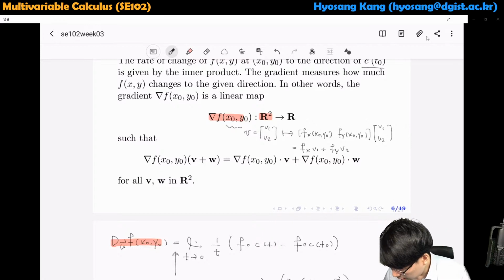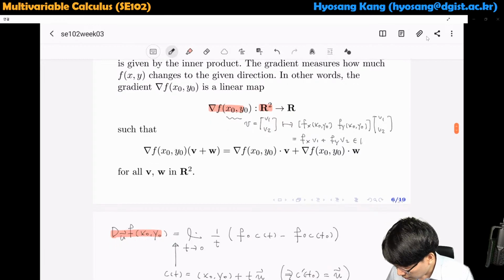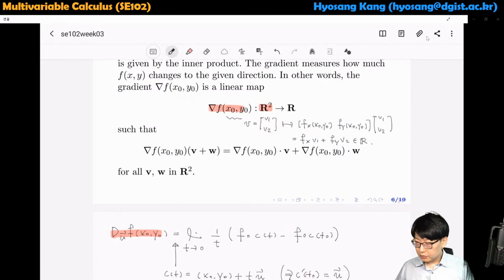Sorry, it's not a vector, so this is a scalar. This is a number on the real line, and this gives a linear map.